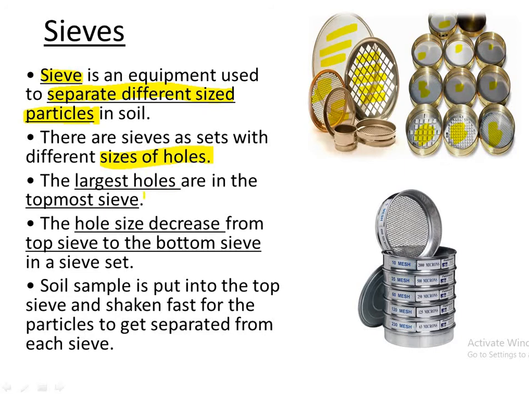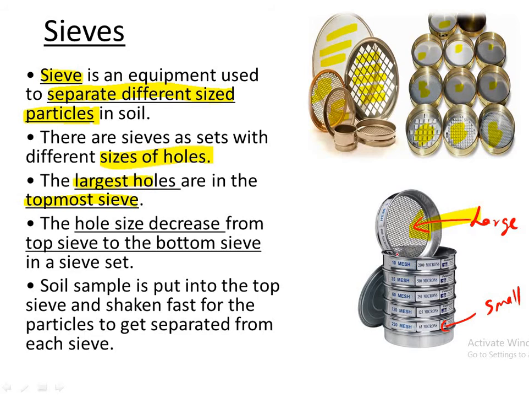The largest holes are in the topmost sieve. When you're setting this up, in the uppermost sieve you're going to find the largest holes, and in the bottommost one, we are going to find small holes.